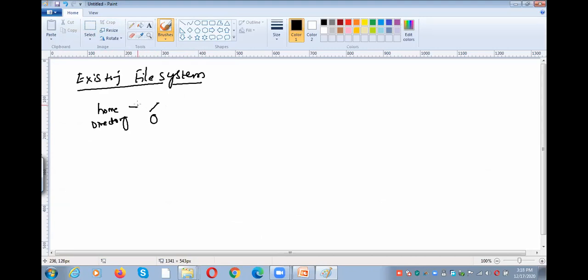Under the home directory, you may have one directory called users. Under the users, there are two things: one is Bill and the second one is Fred. Under Fred, we have another one called help. So this is the existing file system.